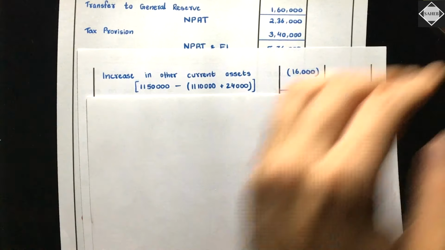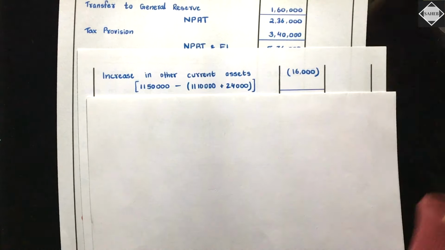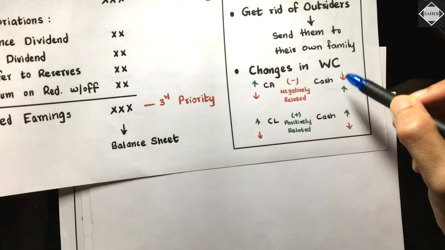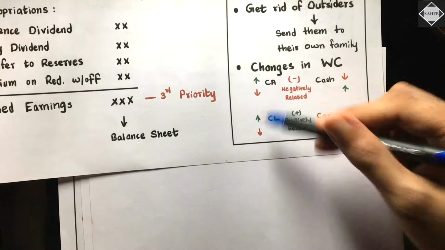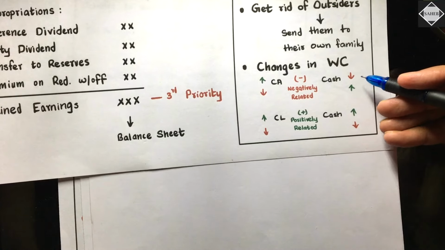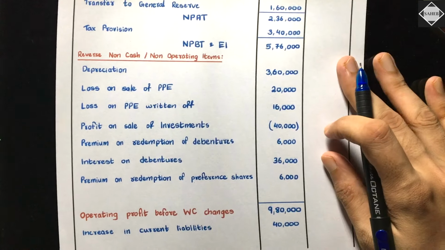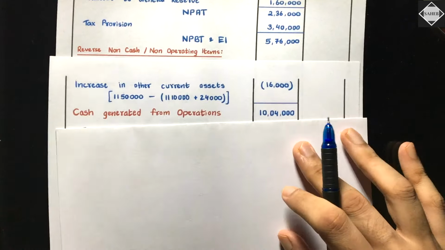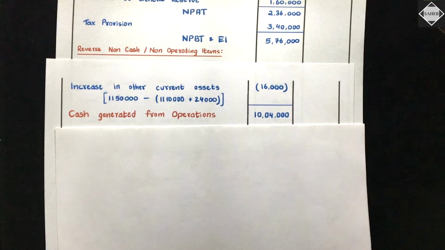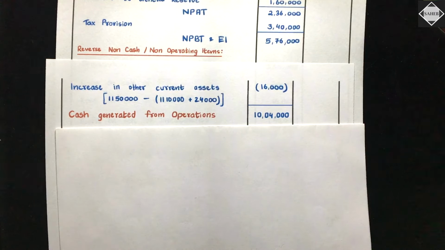That's our trick: in changes in working capital, current assets are negatively related with cash. If current assets are increasing, cash is negatively impacted. So 9,80,000 plus 40 minus 16, that is equal to cash generated from operations, 10,04,000. Is it clear? Simple and straightforward.